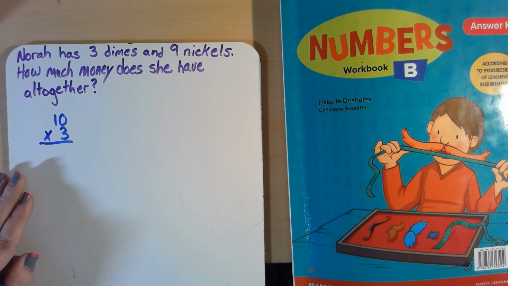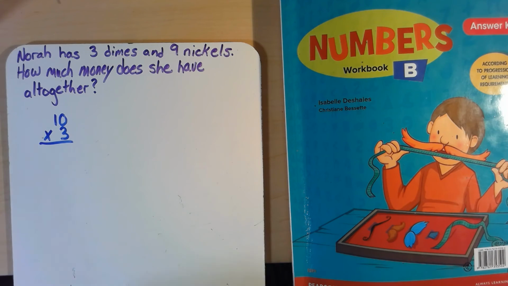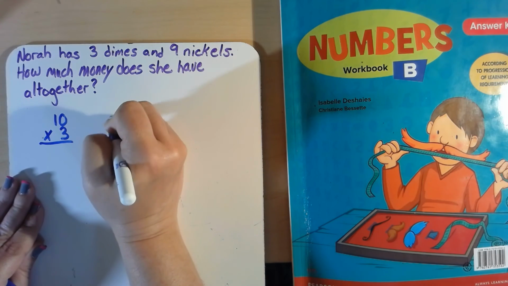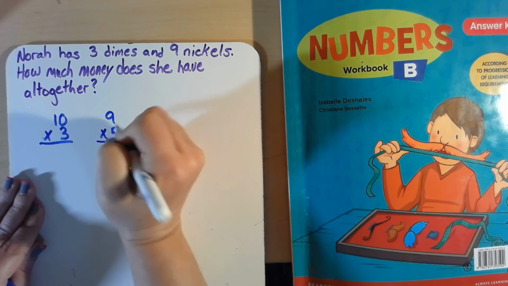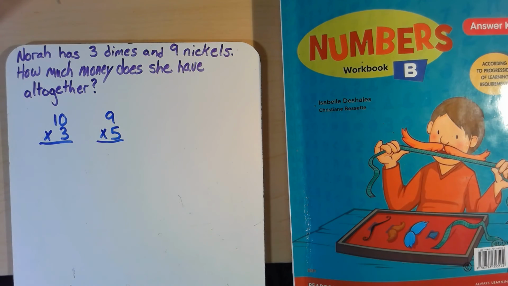Then you need to know how much a nickel is worth. That's worth 5. So I'm going to take my 9 and multiply it by 5. Now we're talking about cents. It's less than $1. Keep that in mind.